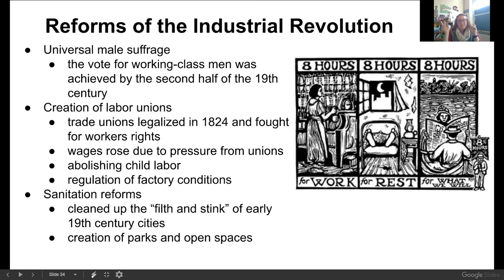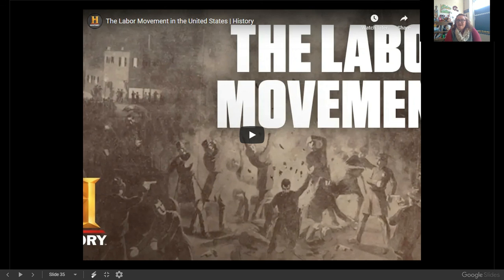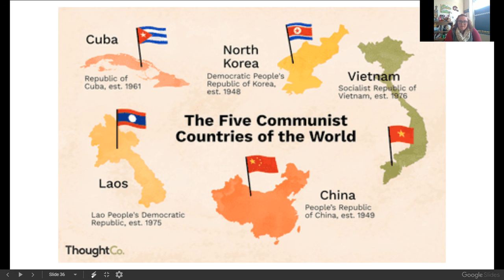They cleaned up the filth and stink of the early 19th century cities, and they created parks and open spaces so people wouldn't have to stay crammed inside their tiny tenement living conditions. So, pretty straightforward. That's how Marx lost out on this one.